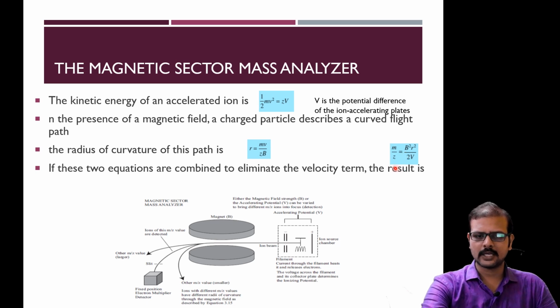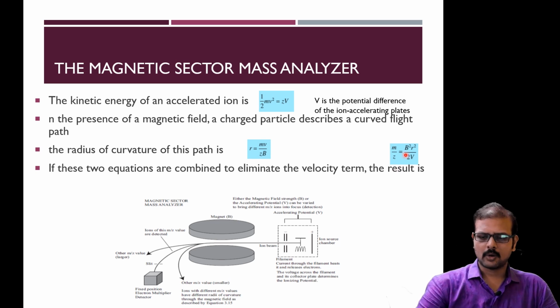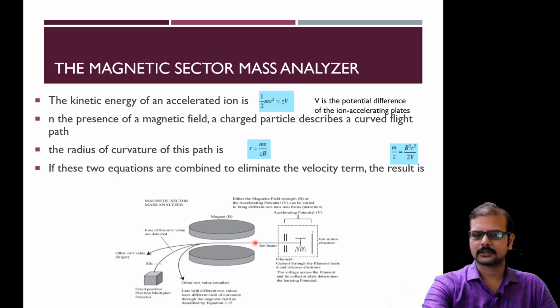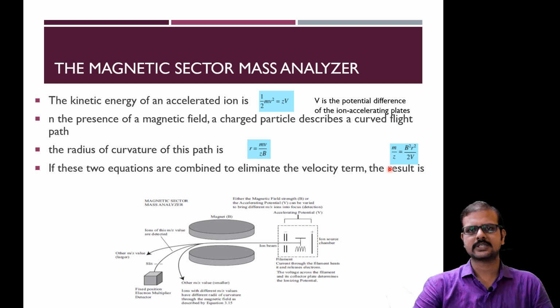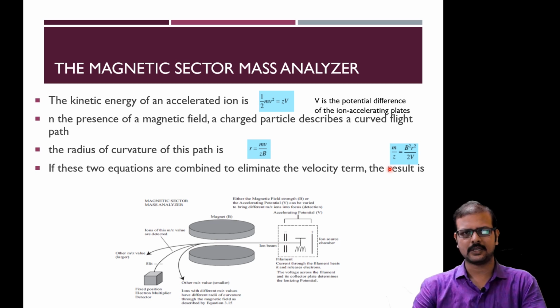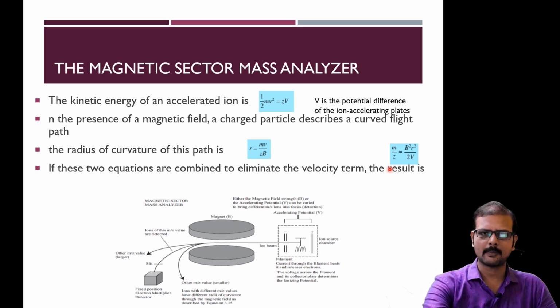Likewise, if we take a bigger magnet, the radius is also increased and it will take the curved path. The radius is directly proportional to m by z, and B square is also proportional to m by z. Therefore, the mass to charge ratio is directly proportional to the magnetic field as well as the radius of the path. Therefore, the magnetic analyzer has a curved path.